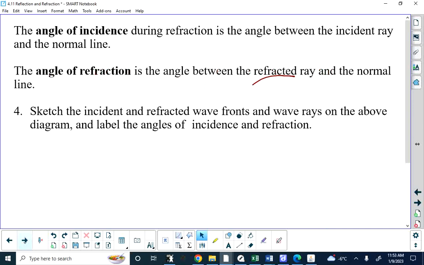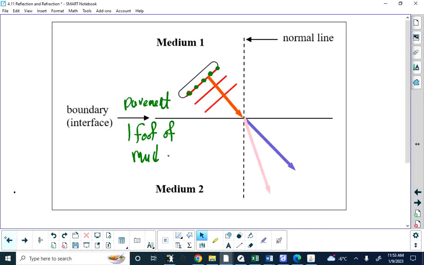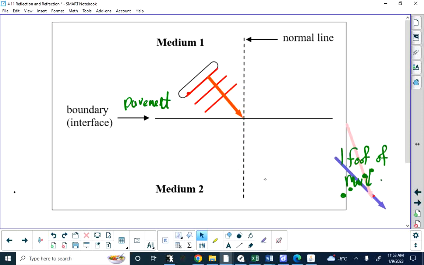Where we left ourselves is sketching the incident and refracted wave fronts and wave rays and labeling the angles of incidence and refraction. So now we can do that. We know that if the wave travels from one medium to a more dense medium, it refracts like that. What we say is it refracts towards the normal.